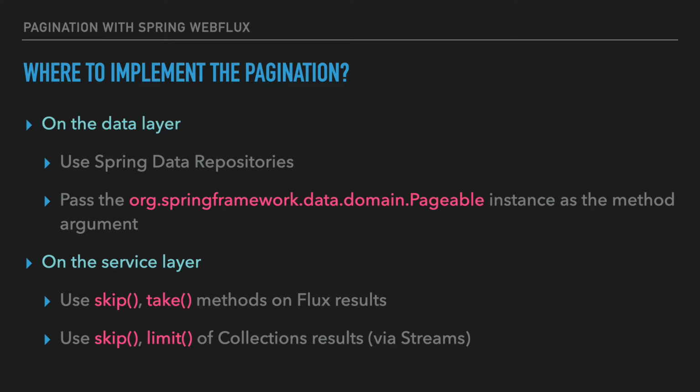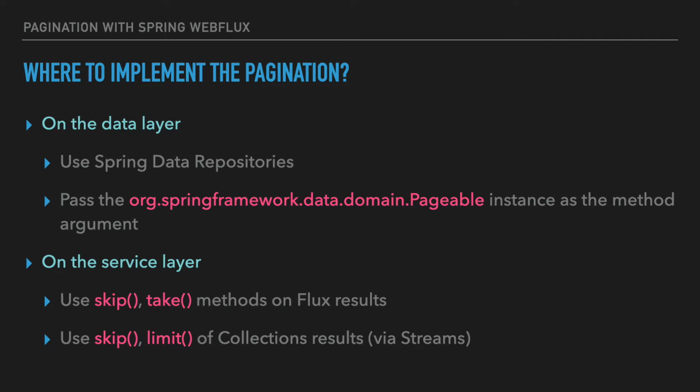So basically it is important to remember the following facts. When we talk about pagination on a data layer, we use methods that are implemented in the database. If we talk about, let's say, SQL databases, we have the limit and offset functions that allow us to do pagination on a database server.